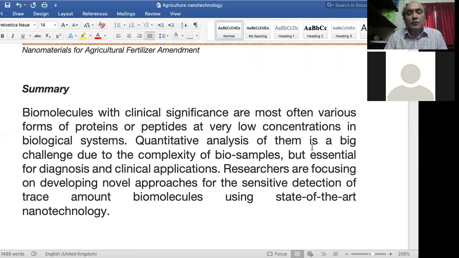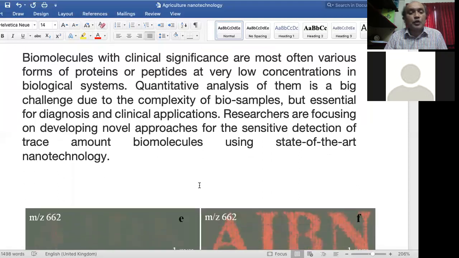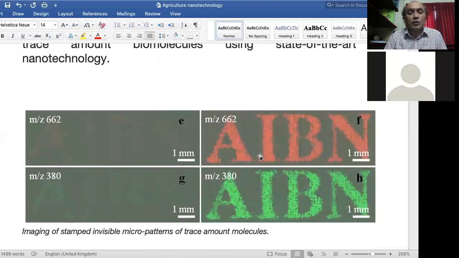Quantitative analysis of them is a big challenge due to the complexity of biosamples, but essential for diagnosis and clinical applications. Researchers are now focusing on developing novel approaches for the sensitive detection of trace amounts of biomolecules using state-of-the-art nanotechnology.